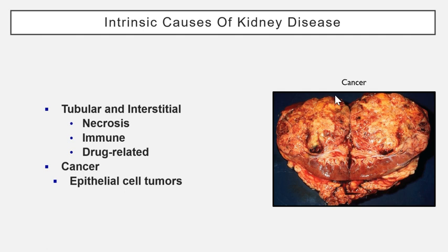So cancers can be a post-renal cause. But then also, if you have a cancer of the kidney itself, that's going to be an intrinsic version, or cancers of the blood supply, right? It can be all of them, but yeah, cancers will muck up the kidney function. Epithelial cell tumors, because your kidney cells are epithelial cells.